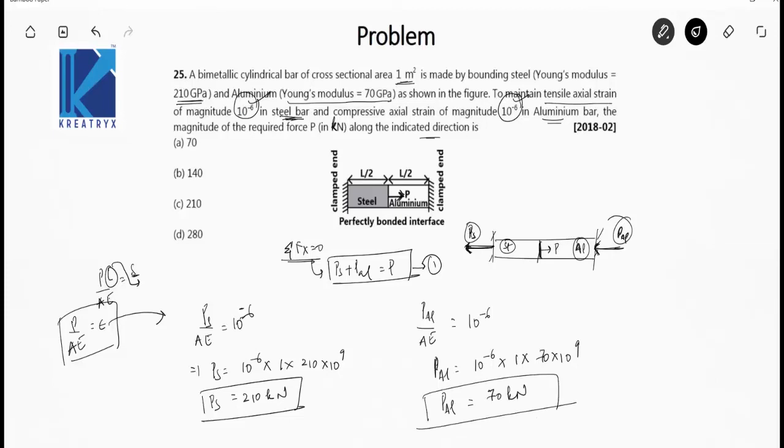Great. Now from equation number 1, PS plus PAL is equal to P. That implies the magnitude of the required force P is 210 plus 70 kilonewton, that is 280 kilonewton. This is P.